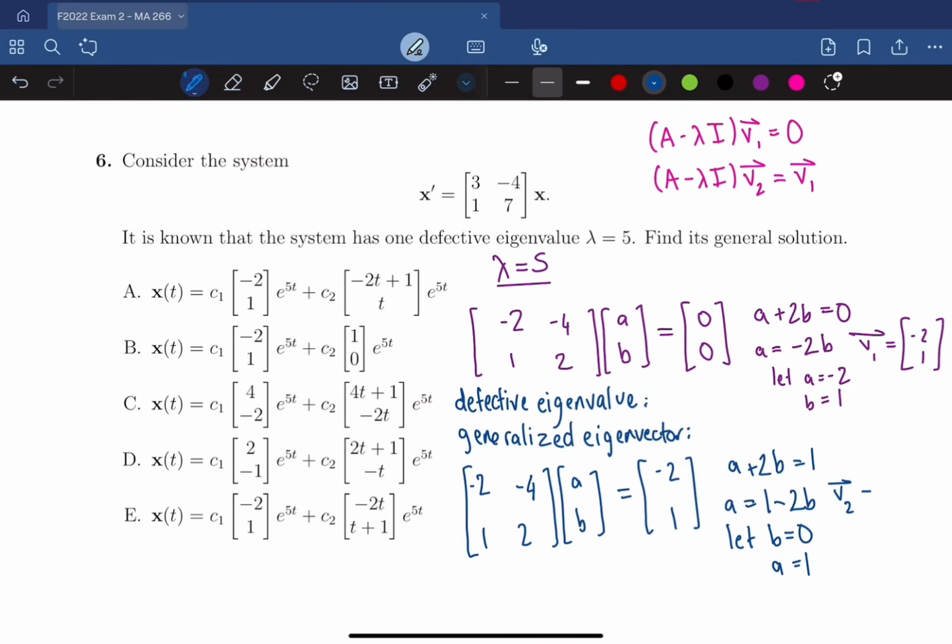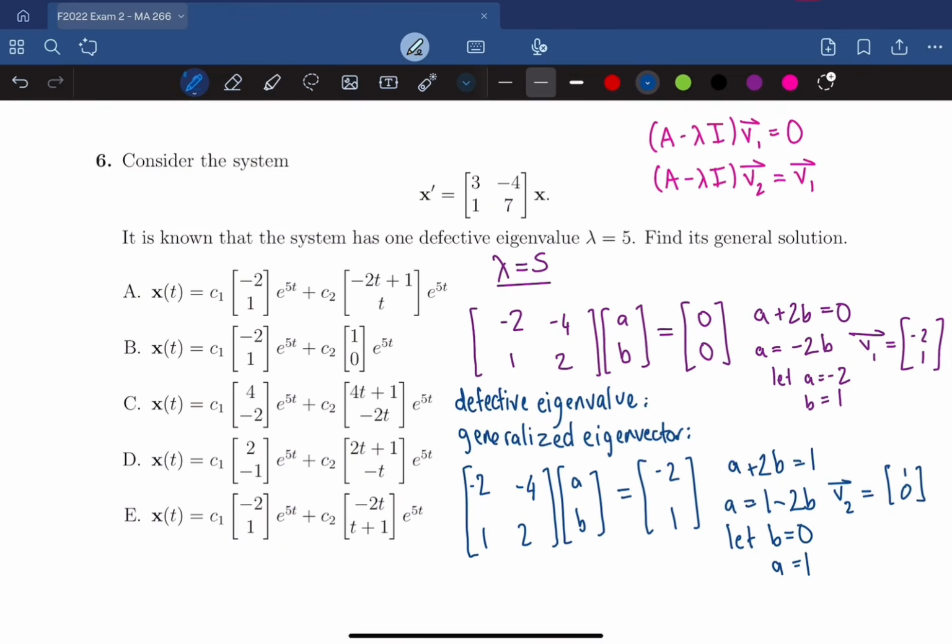And so we can have our generalized eigenvector v2 just be 1, 0. Of course, if you use different values for the eigenvector, that's okay. You'll get the same answer at the end anyway, so it doesn't matter. This is just how I feel the easiest way to do it is.